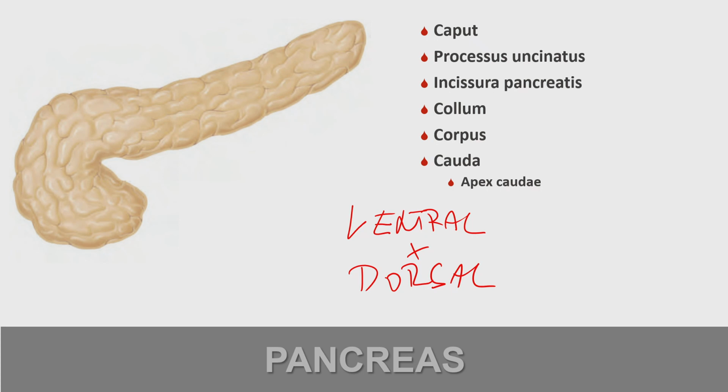So when we're talking about the dorsal part of the pancreas in situ, in the real anatomic situation, we're talking about the embryonic ventral. And this is an important structure which is called processus uncinatus.